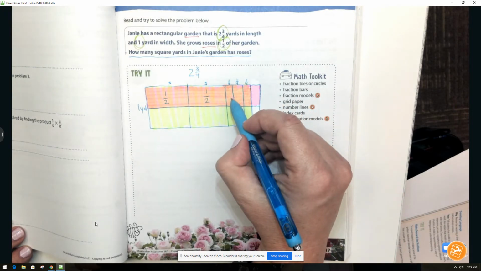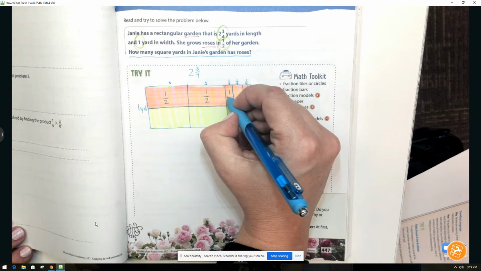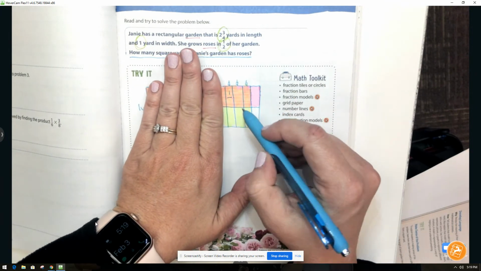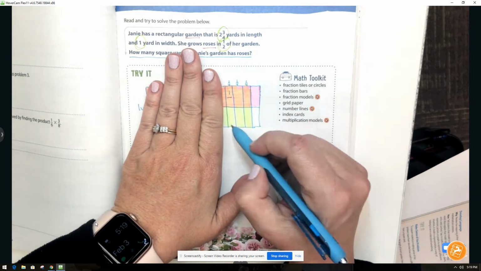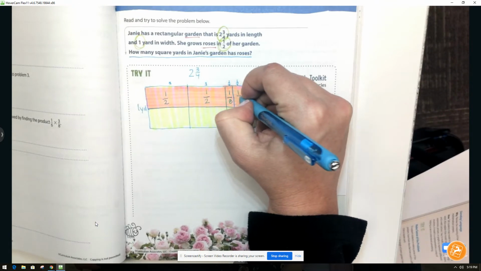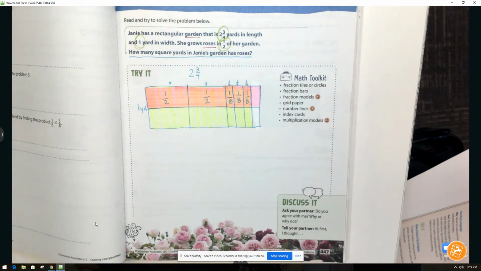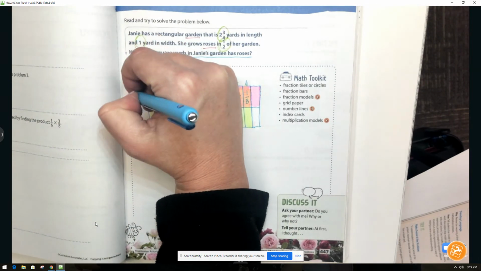And then here, this section here would be 1 out of, and if you look at just this whole, how many parts are there? 1, 2, 3, 4, 5, 6, 7, 8 parts in this whole. So that is 1/8, this is 1/8, and this is 1/8. So hopefully that somewhat makes sense, but we're going to do an equation in a minute after we finish this area model.